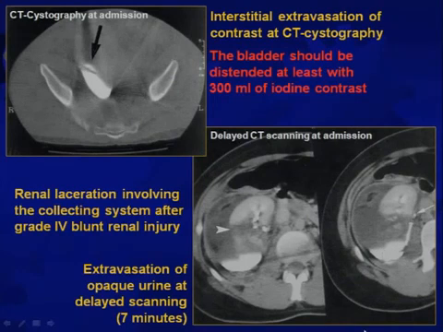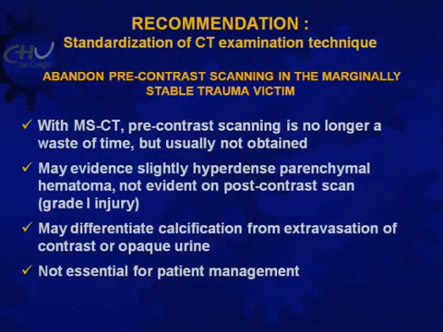Then the next question is, should we have pre-contrast scanning and then only injection and post-contrast scanning? Well, let me put it like this. If you would do the pre-contrast scanning, the whole process is so rapid that you really will not lose time. If you do not do it, you will not miss significant injury, but you may miss some minor injury.